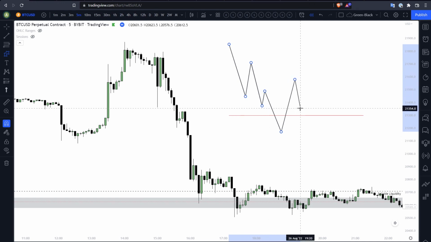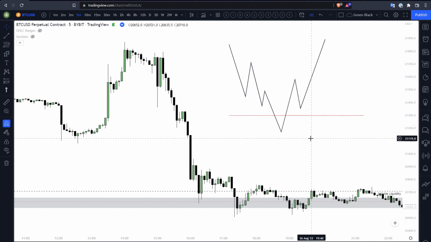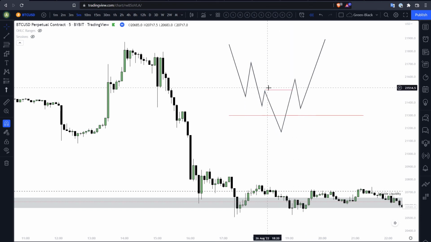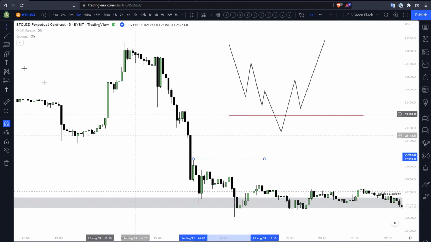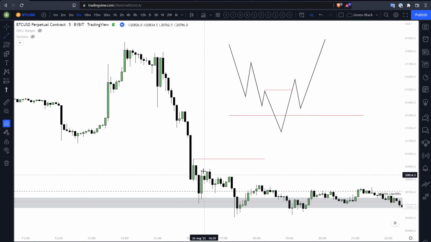And only then, when the price returns to close some fair value gap here, we should enter a trade. But this condition was not satisfied. Nothing like this happened. We had a local high, which was not taken. We have another local high, which was not taken in any significant manner.